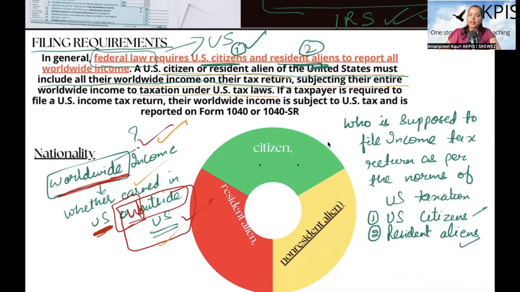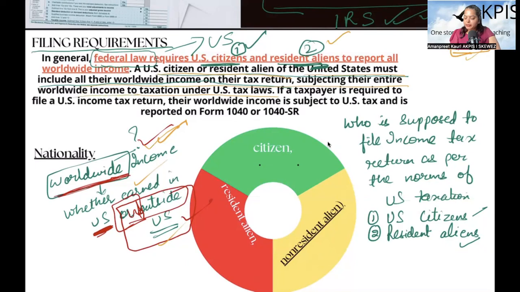So far we have discussed some of the key aspects. Point number one, in United States of America, the governing body of US taxation filing is the IRS, right? And who is supposed to file tax return with the IRS? The one who is a US citizen and even the one who is a resident alien. In both the situations, they are supposed to pay their taxes on their entire income, that is worldwide income, whether earned in US or outside US.